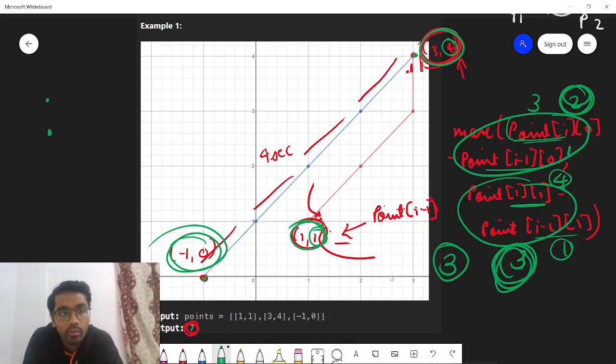If you have the points something like this, let's say these are the points and we need to go from this point to this point. Obviously one way is to go 2 horizontal and 2 vertical, but if we have both the vertical and horizontal part the same, we can directly cover this diagonally.